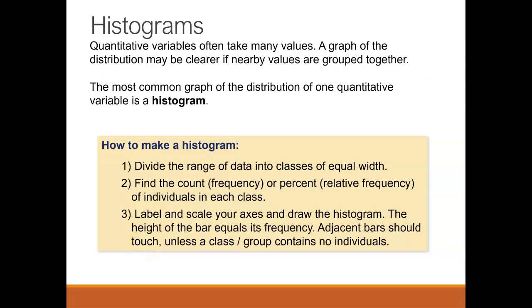So the bars on a histogram are touching each other. There's no gap in between your bars, unless that gap is for a class that had no individuals in it. Is everybody okay with that idea? The bars on a histogram touch. I will mark you down if your histogram bars have any gaps in them that aren't supposed to be there. Just being very clear.